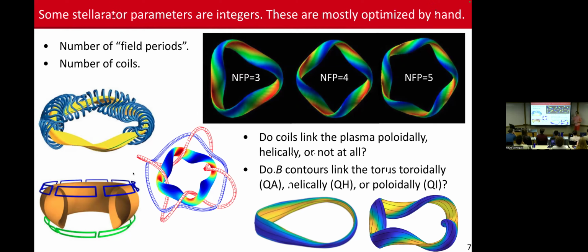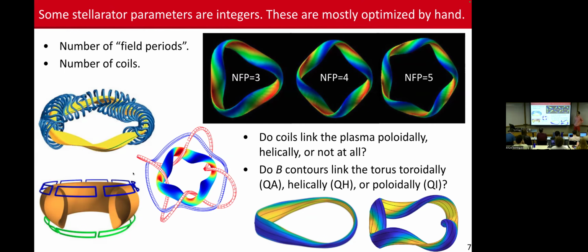And then everything just gets rotationally symmetrized around. And that means your optimization problems are a lot lower dimensional, a lot easier to solve potentially. So this is field period symmetry. It does have some physical consequences for the plasma, but for optimization, it's also extremely useful to reduce the dimension of the problem.